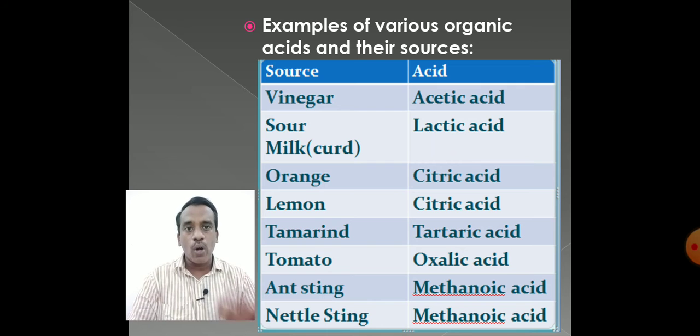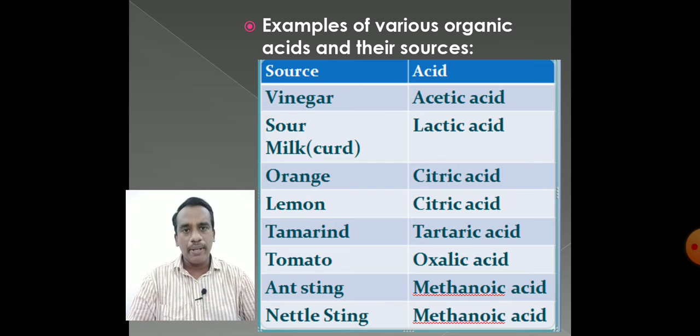Oranges and lemons contain citric acid, and tartaric acid is extracted from tamarind, which makes the dish delicious. And the tomato contains oxalic acid.